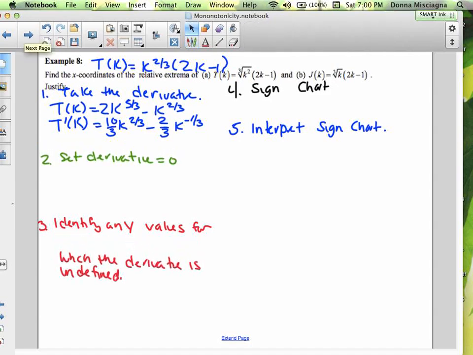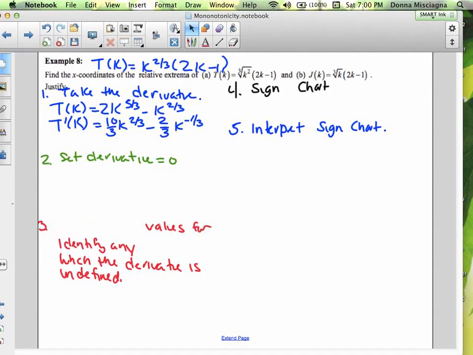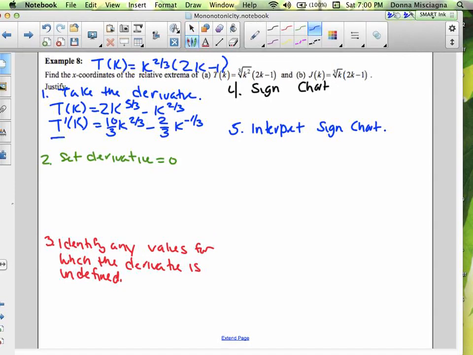I may have to move that down because I think I need more space on solving. All right, so that means t prime of k is 10/3 k to the 2/3 minus 2 divided by 3 k to the 1/3 power.